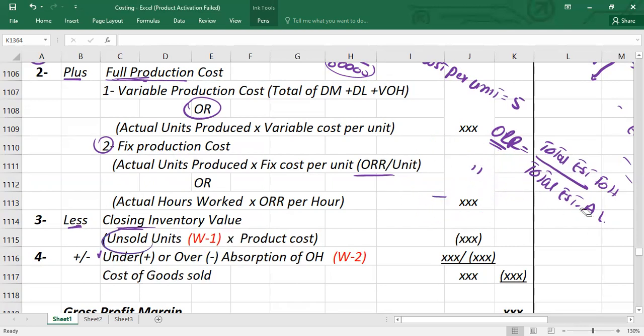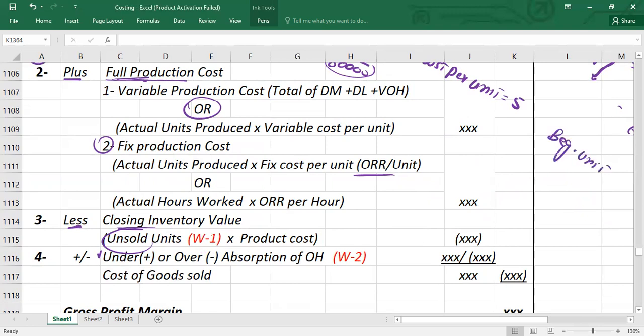It's a very simple idea guys. If you want to calculate unsold units, you can follow this equation. You can take beginning units, or opening units, whatever you have, plus units produced during the period. If you take beginning plus units produced, it's also called units available for sale.